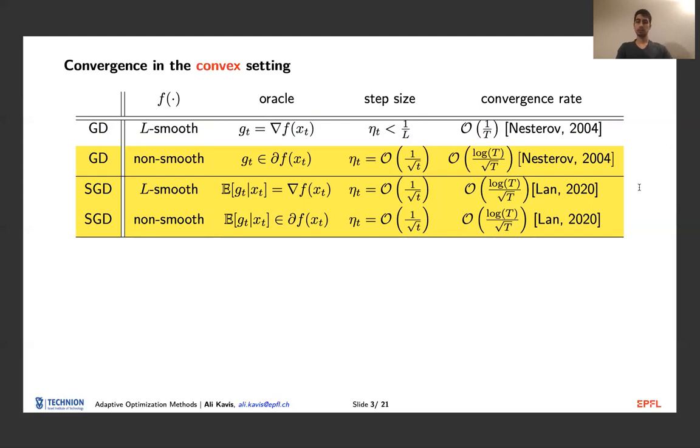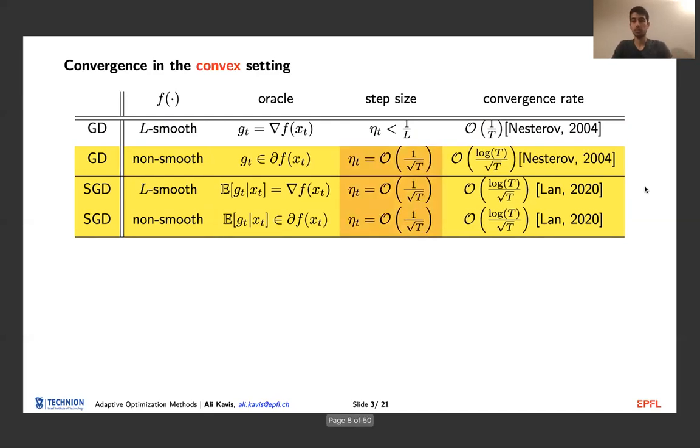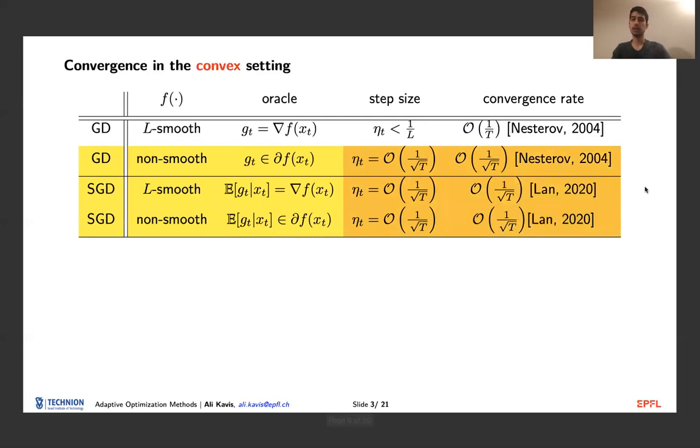One thing that we can do to improve the results is, if you know the time horizon capital T, instead of a time-dependent decreasing step size, we can choose a fixed step size of 1 over square root of capital T. In that setting, we can get rid of the log T factor and have the convergence of 1 over square root of capital T.